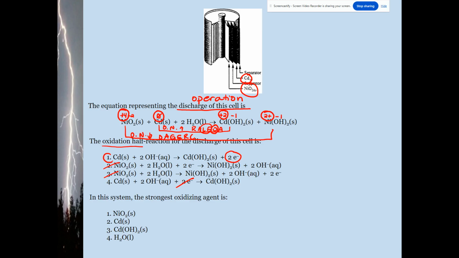So that's how we know the answer there is 1. And then the strongest oxidizing agent, that's the OA. That's the NiO2. Okay? So the diagram doesn't really help us with anything. It doesn't tell us what's happening other than what the two reactants are, the cadmium and the NiO2. But then you have to use oxidation numbers to figure out what's happening, okay?